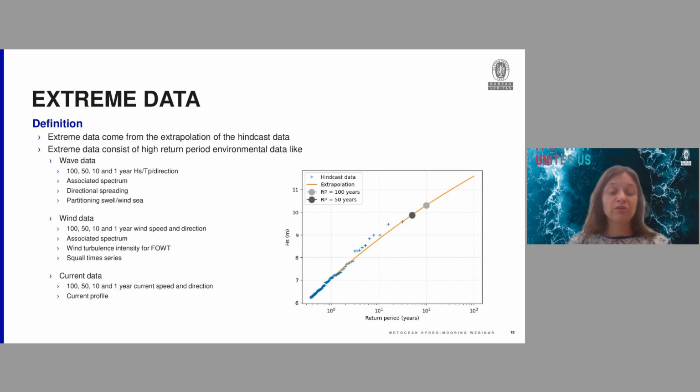You can find for some specific cases, for example, when you want Meteocean data for floating offshore wind turbine, the turbulence intensity. And for some places in the world, like West Africa, squall time series. And then we have the current data with the extreme return period for the speed and the current profile.